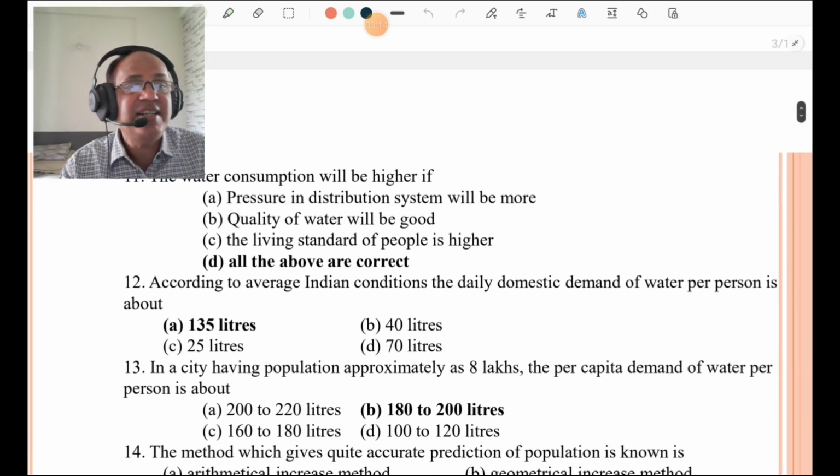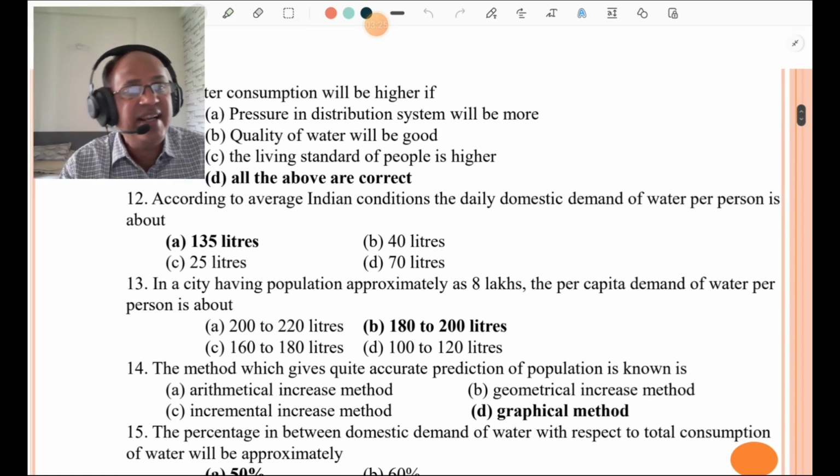According to average Indian condition, the daily domestic demand of water per capita is about 135 liters per capita per day. In a city having population approximately 8 lakhs, generally nearby Solapur, the per capita demand of water is about 180 to 200 liters.